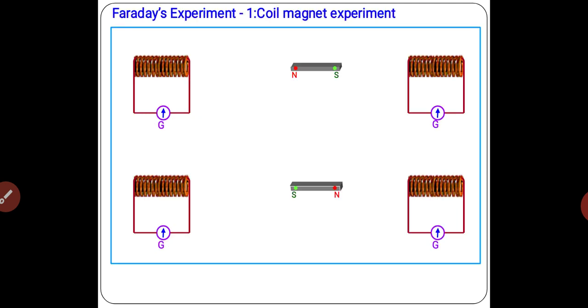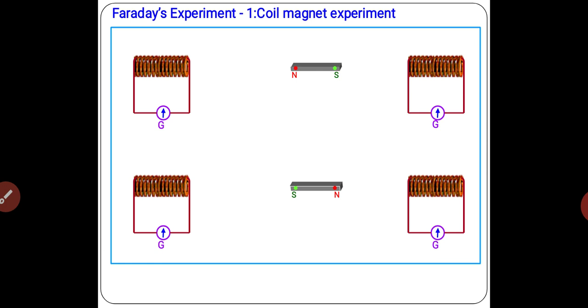Now let us explain Faraday's laws related to electromagnetic induction. Faraday's first experiment is also known as the coil magnet experiment. In this case, we are using one coil across which a galvanometer is connected, and one bar magnet.